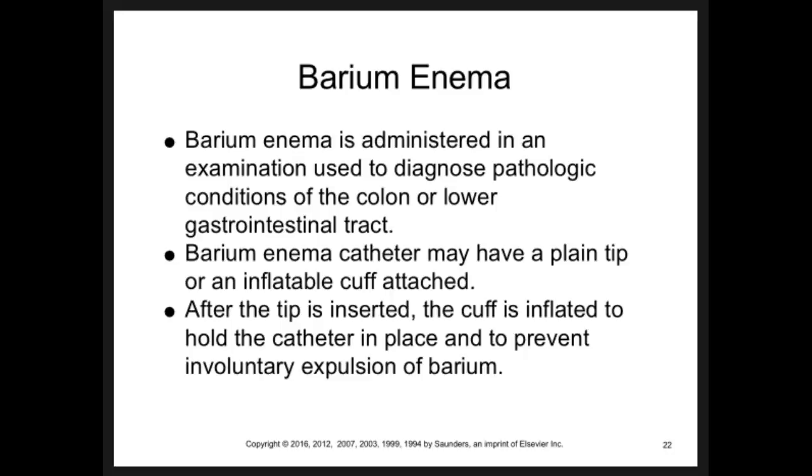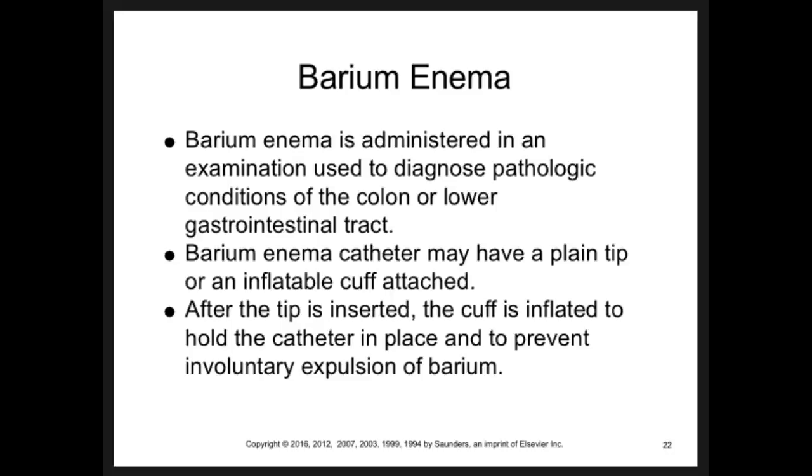Water-soluble iodine is the only thing you can use if there's a suspected perforation, and usually that is Gastrografin. You never want to use barium if there's a possibility of surgery based on the enema findings. The barium can cause impaction issues or get free into the peritoneal cavity, so you don't want barium in the abdominal cavity because there's a perforation in the bowel.